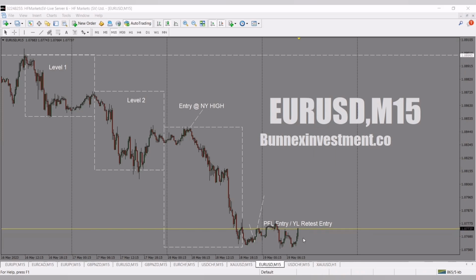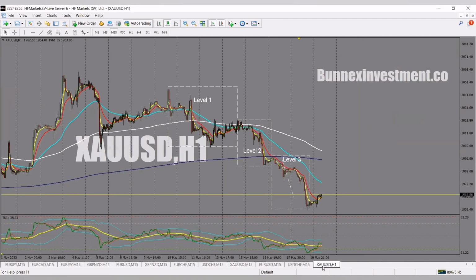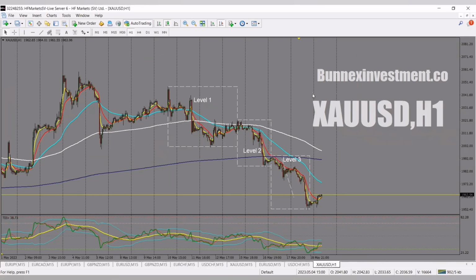So these are the two pairs that we are looking at today to reverse with the cycle, reverse with the trend, and make money out of it. Then gold has been dropping for 1, 2, 3 levels to the downside, and it's also at a point of reversal, which we are looking for.